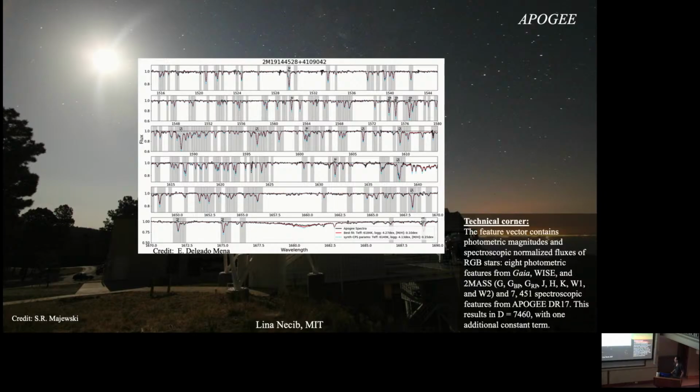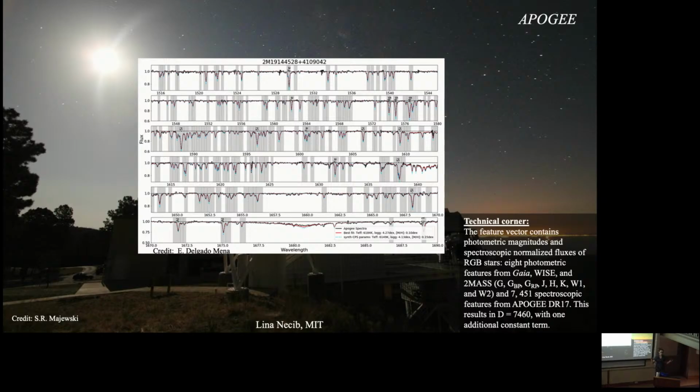So for the technical corner, basically what we do is we take the flux in a lot of these bins, about 7,000 bins for high-resolution spectra, and combine it with photometry from different bands, from Gaia, WISE, and 2MASS. So basically you have so many features.